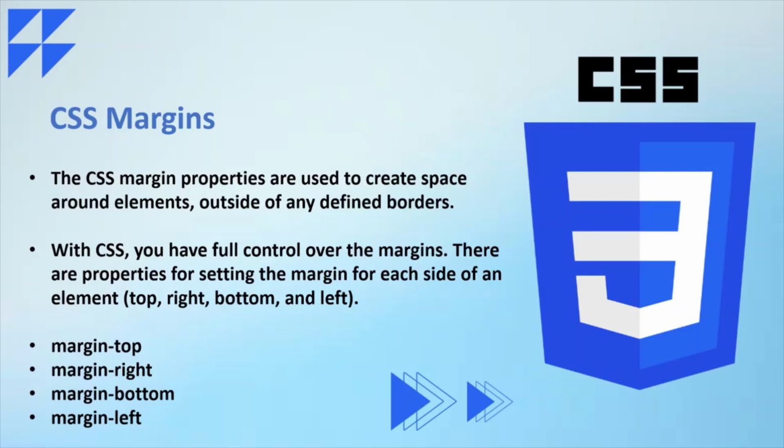So we have different properties like margin-top for giving the space on the top of the border, margin-right for the right space, margin-bottom for the bottom space and margin-left for the left side space of the border.